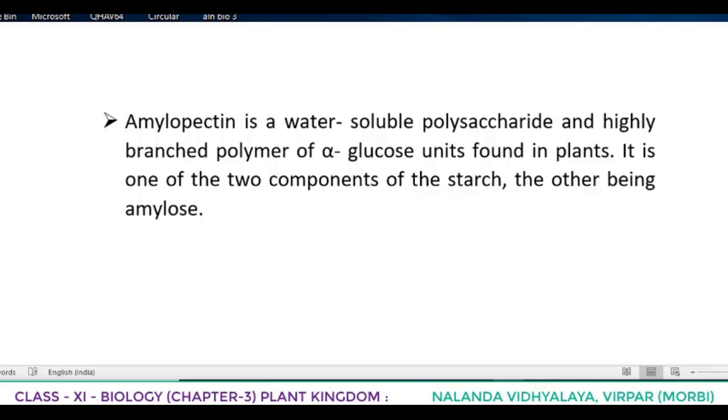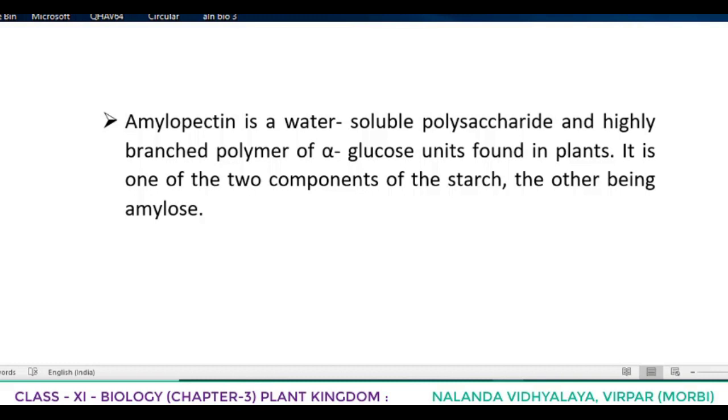May I repeat the sentence? Amylopectin is a water-soluble polysaccharide and highly branched polymer of alpha glucose units found in plants. Full stop. It is one of the two components of starch, the other being amylose. Clear for you? Got it?